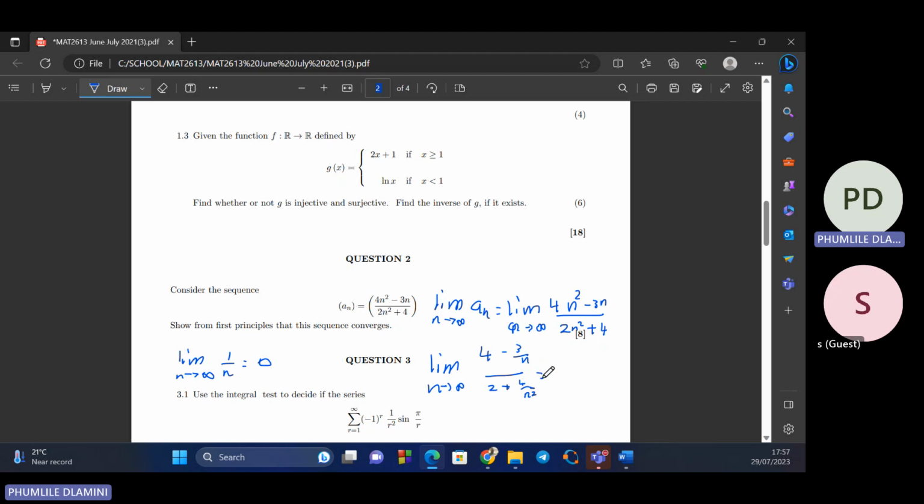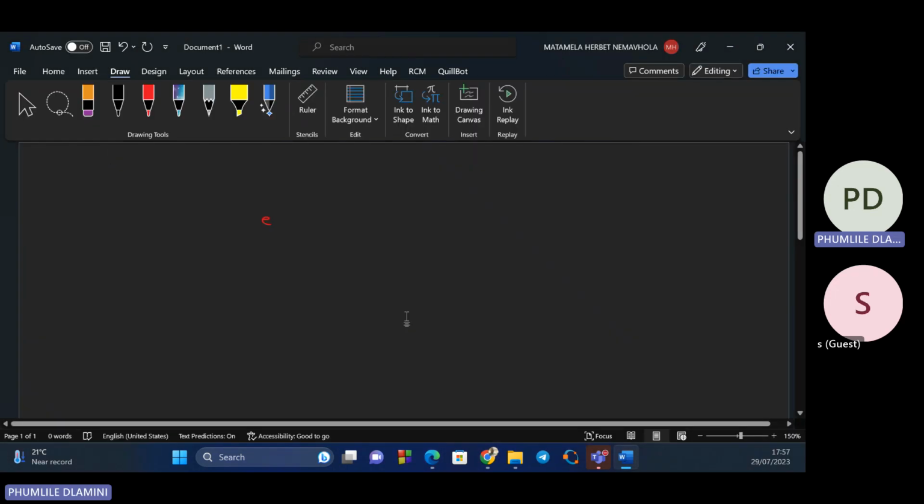Which means the answer now will be 4 over 2, which is equal to 2. Since we got the value 2, it means that this sequence converges, because it approaches 2.